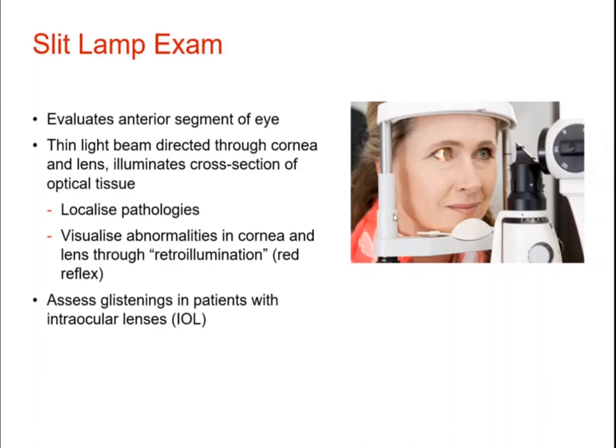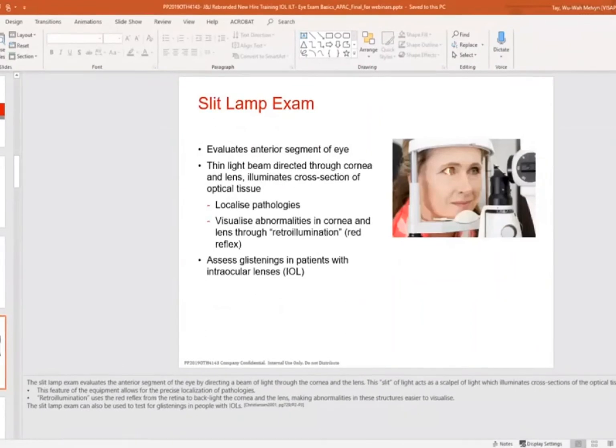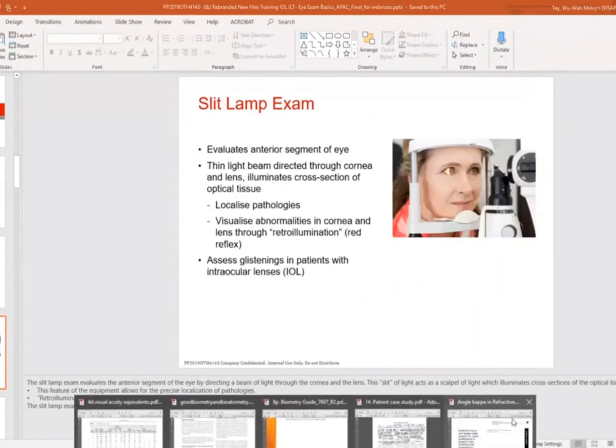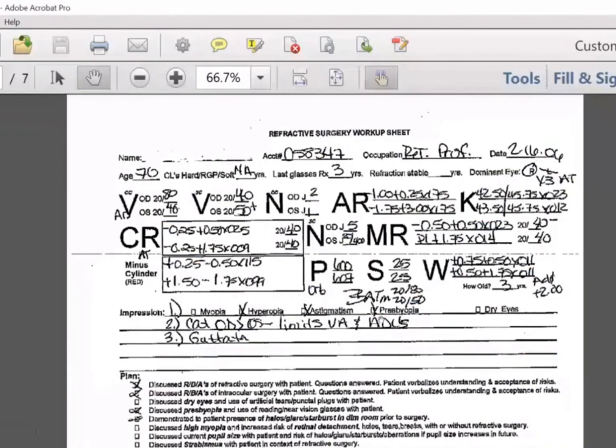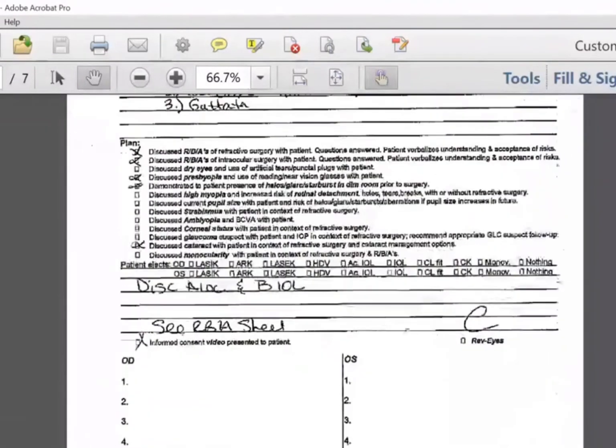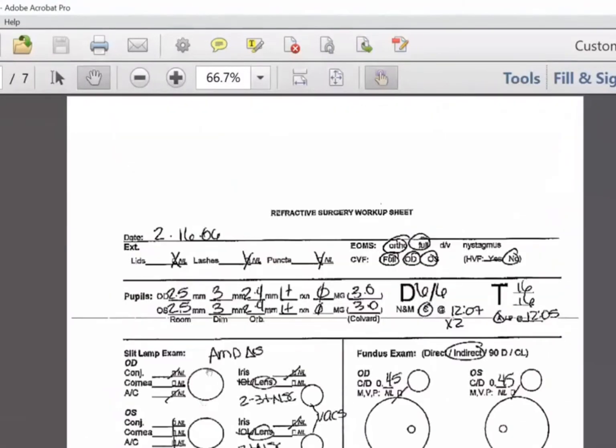So in the case of cataract patients, it's also to evaluate how mature the cataract is, right?